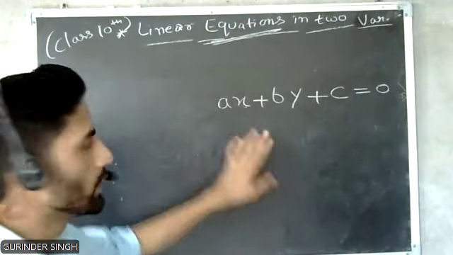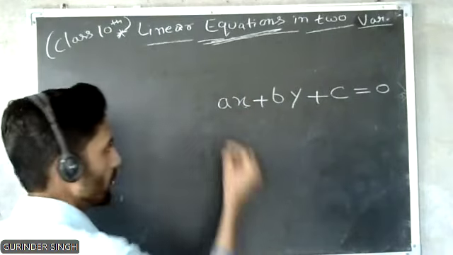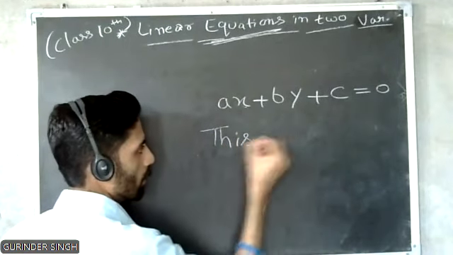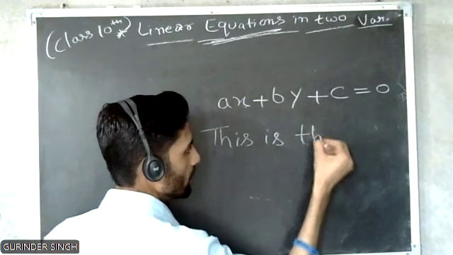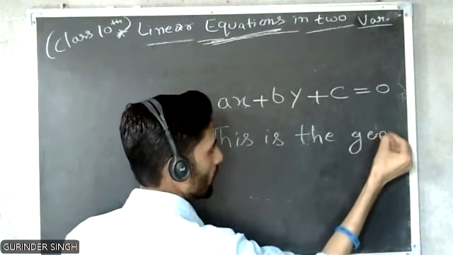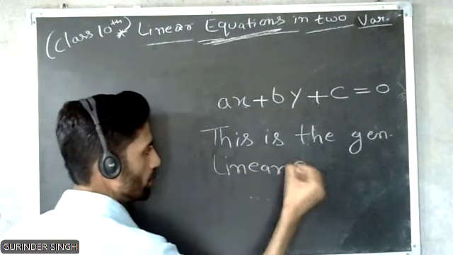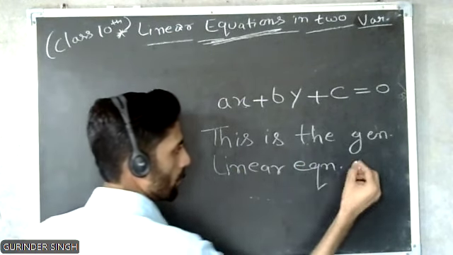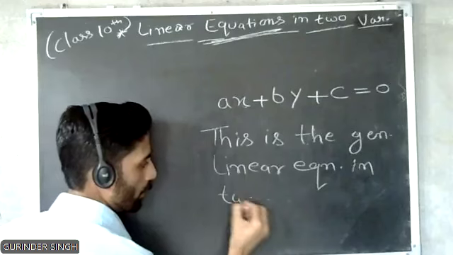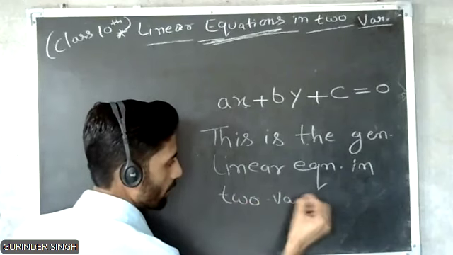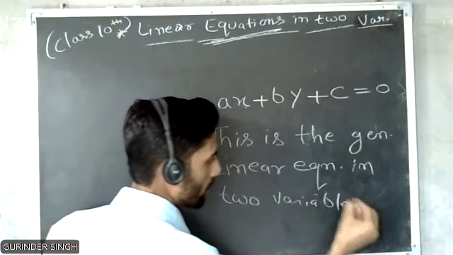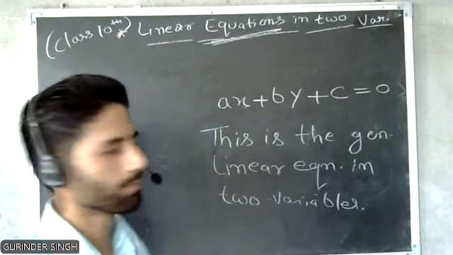This is a linear equation in two variables. This is the general linear equation in two variables.